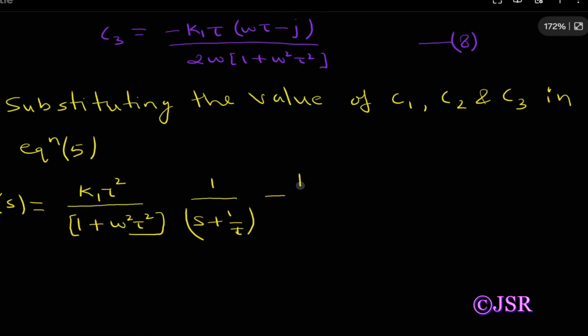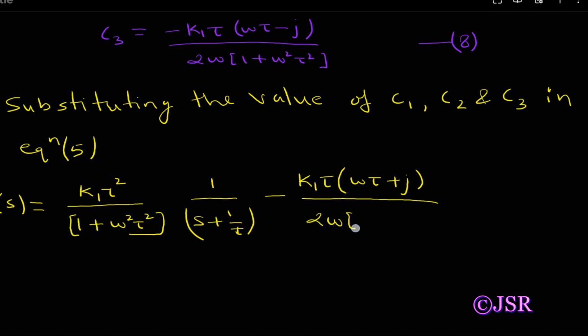The value of C2 is minus k1 tau (omega tau plus j) upon 2 omega (1 plus omega square tau square), and then we have 1 upon s minus j omega.